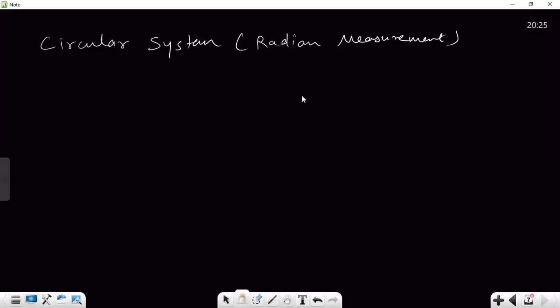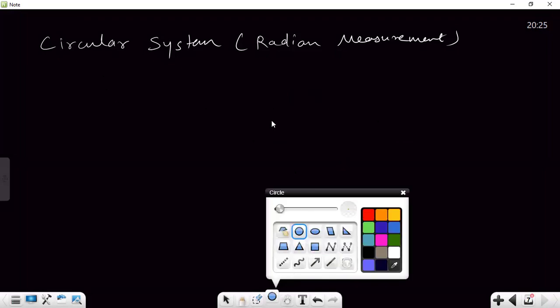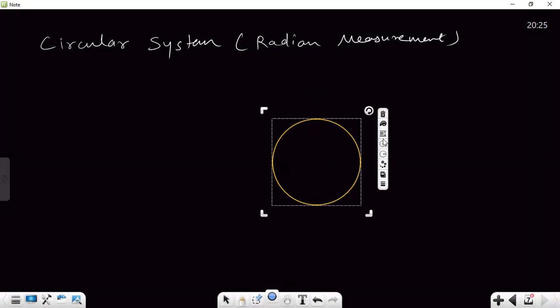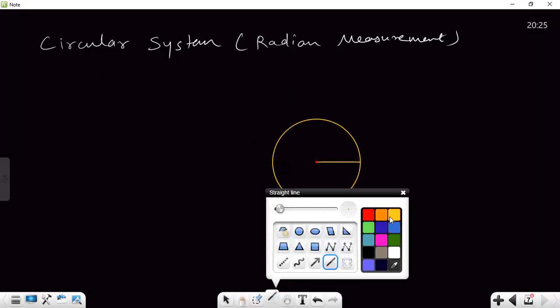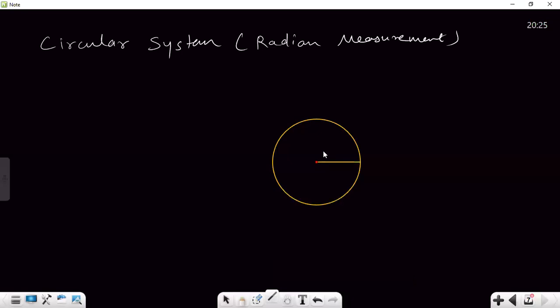So here basically the initial part of the ray is this, and then a circle is assumed. Let us draw a circle directly. A circle is assumed, and let's say that the final position of the ray is this.